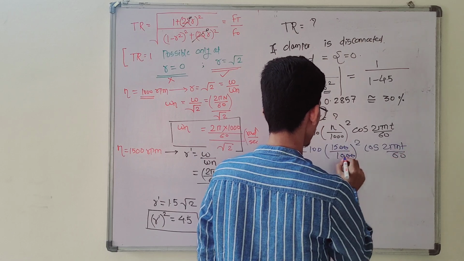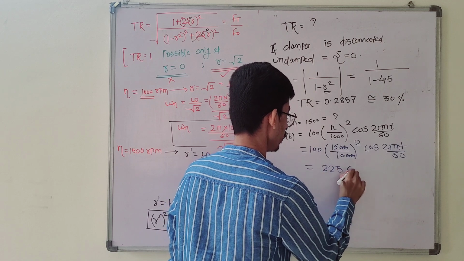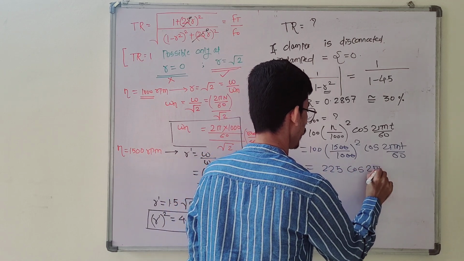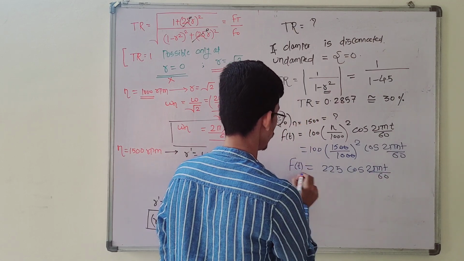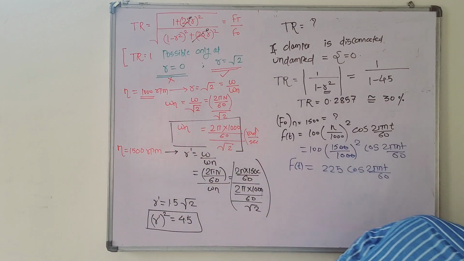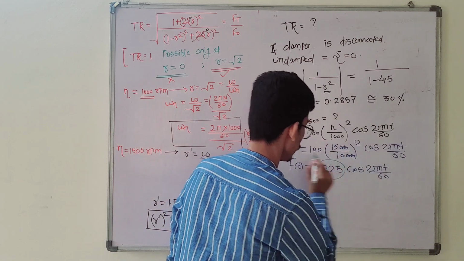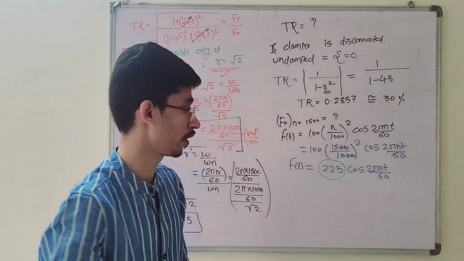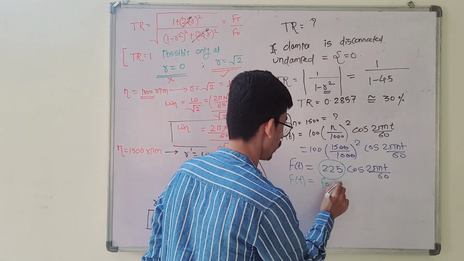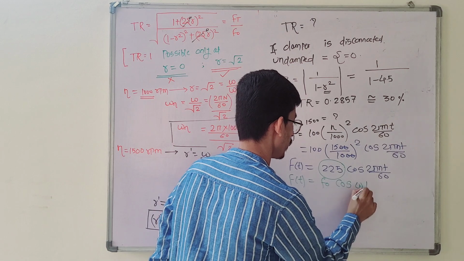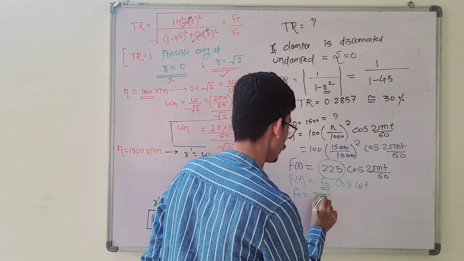So what we will get is 1.5 squared times 100, which is 225 cos of 2 pi n t by 60, and that is nothing but f of t. This value is nothing but f naught, since f of t is equal to f naught cos omega t. So this f naught over here is 225 Newton.